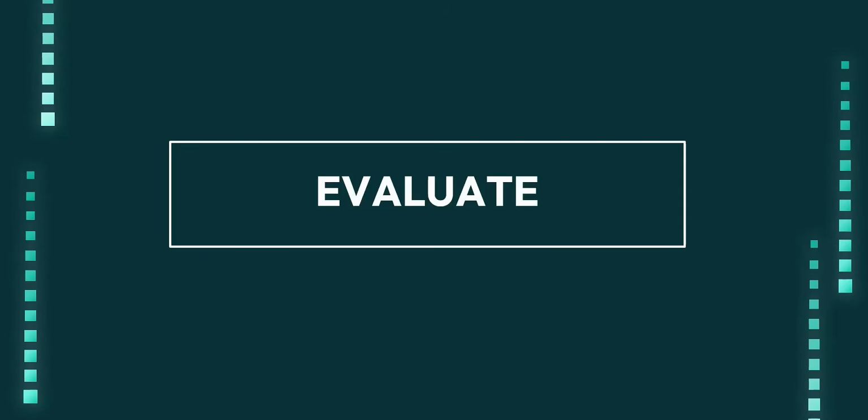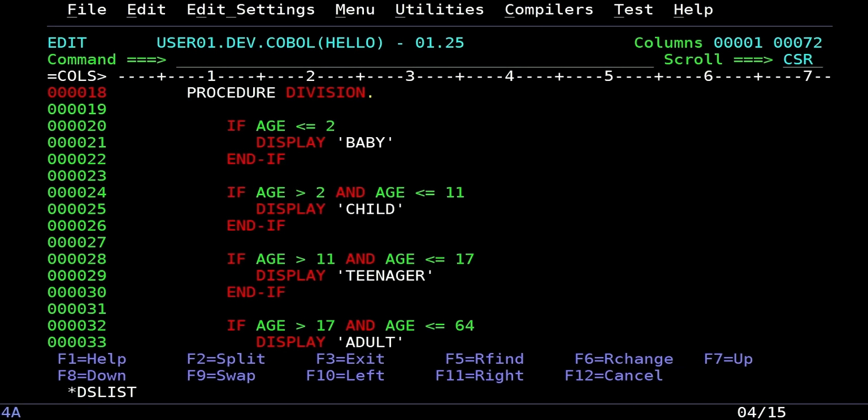In this lesson, we will look at another control structure, the evaluate instruction. But before diving into the explanation, let's take a look at a sample program where a series of if instructions is coded. In this program, we have a sequence of if statements that display a person's life stage based on their age.